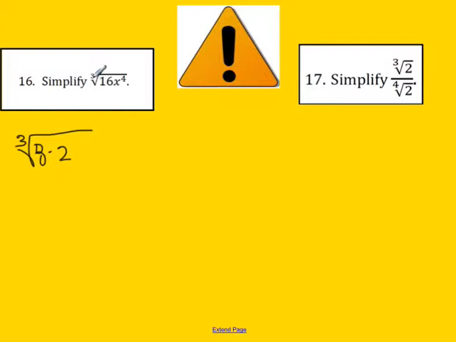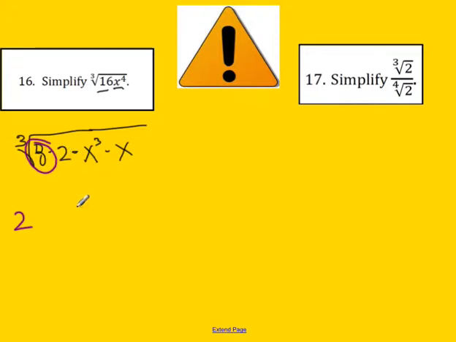4 is not evenly divisible by 3, so I'm going to rewrite it so it is. So it's going to be x to the third times x. I just did some simplifying, breaking down. So if I check, 8 times 2 still gives me 16. X to the third times x still gives me x to the fourth. Now I say, well, what's the cubed root of 8? The cubed root of 8 is 2, because 2 times 2 times 2 is 8.